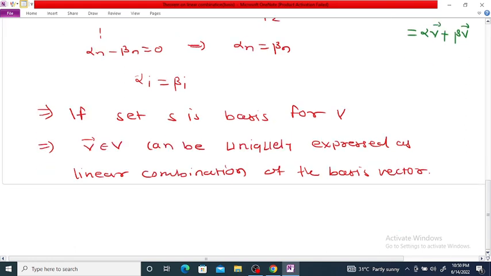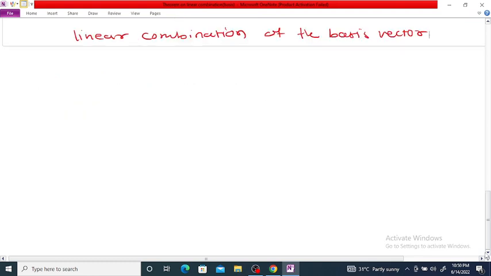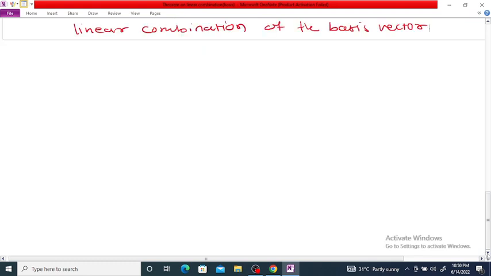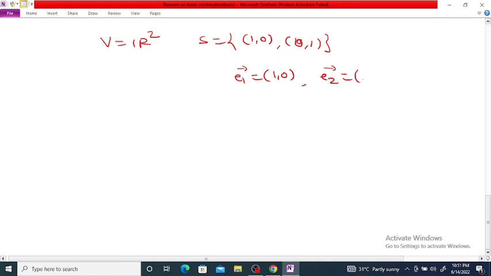Okay, so I hope you understood this. What is meant by linear combination? Take a simple example: V is equal to R square, and take S equal to {(1,0), (0,1)}. These are the trivial basis, that is, E1 bar is equal to (1,0) and E2 bar is equal to (0,1).